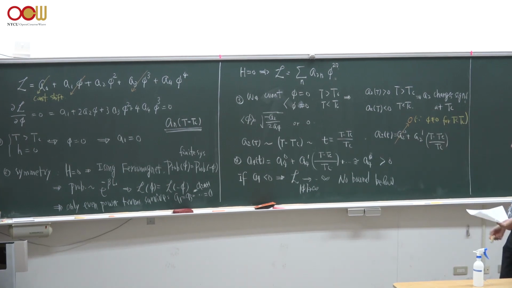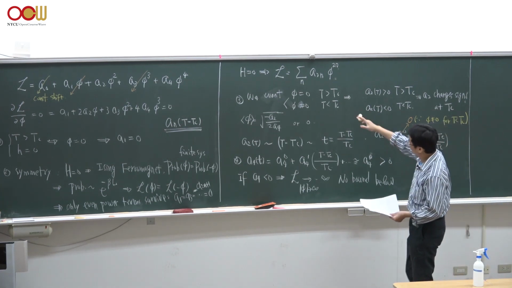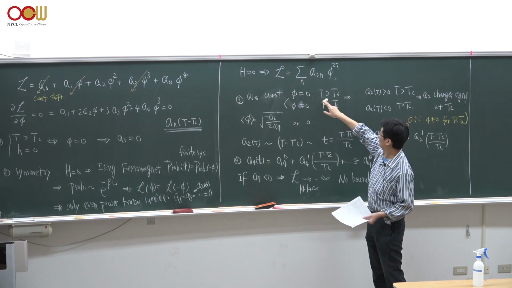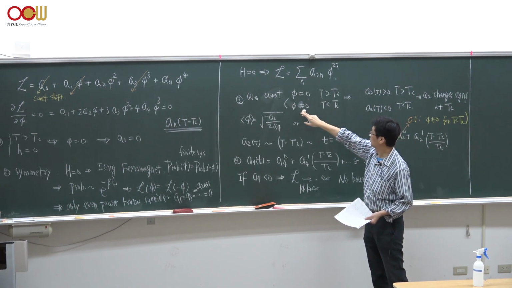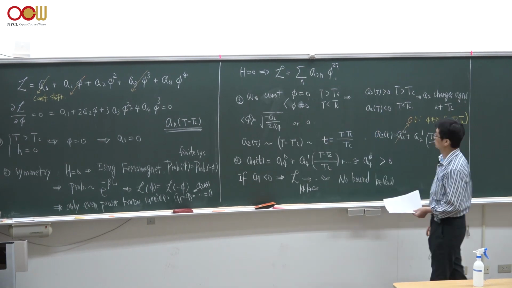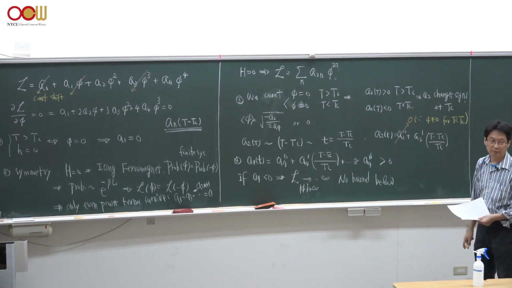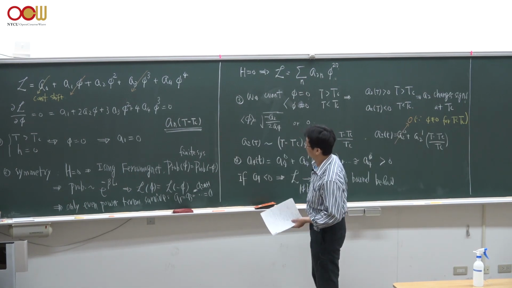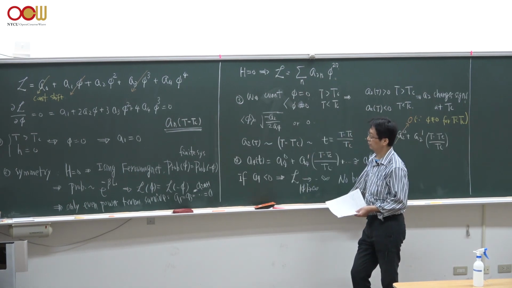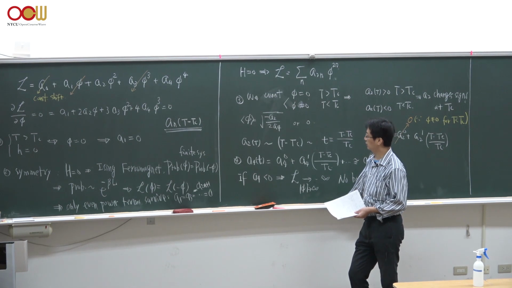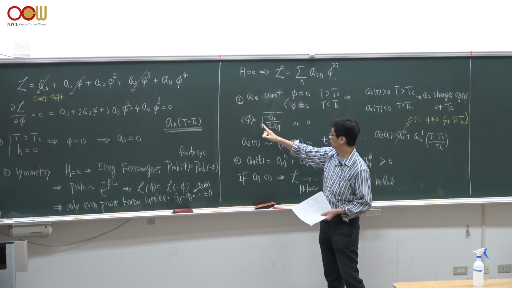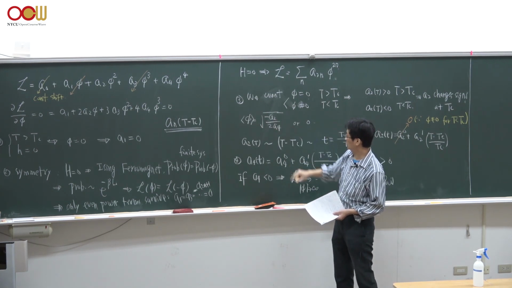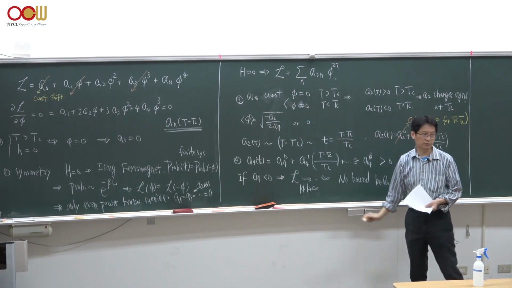But we also remember that we want not only phi to be 0 above Tc, but we also need a non-zero, finite phi to be observed when the temperature is below Tc. You can solve this minimum condition for the free energy density and find that the expectation value of phi is given by the square root of minus A2 divided by 2 times A4. Right?